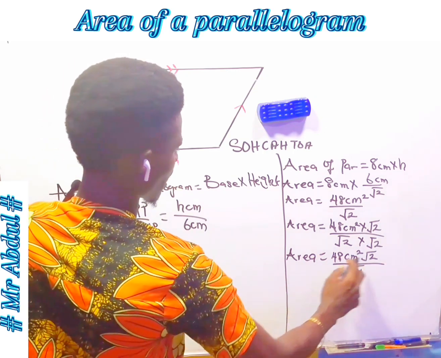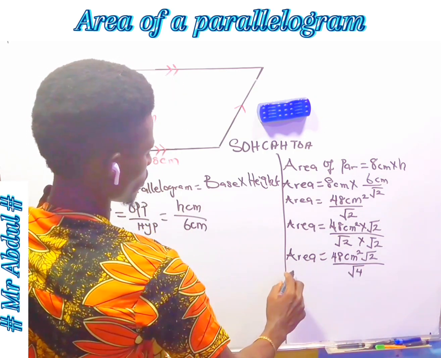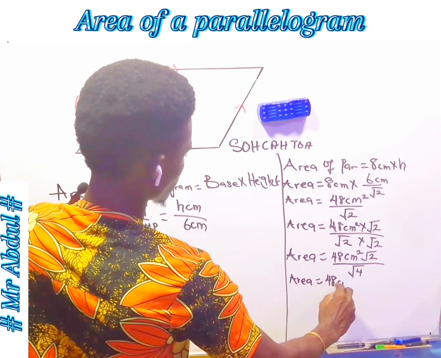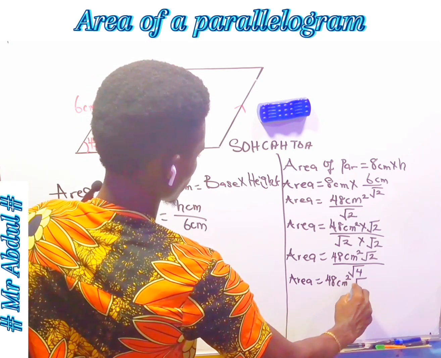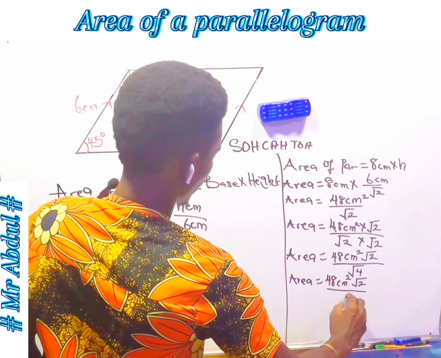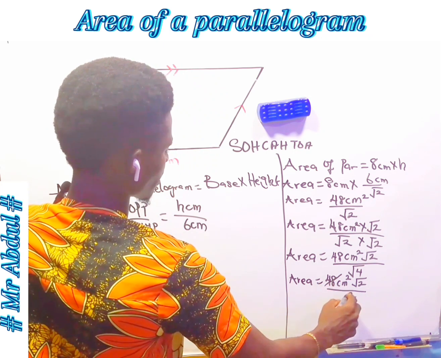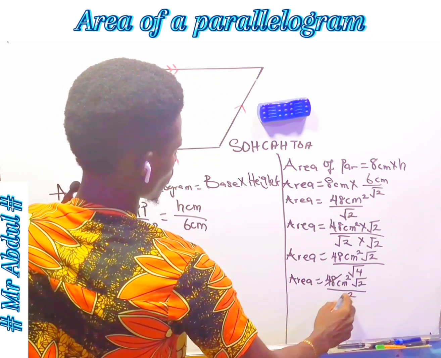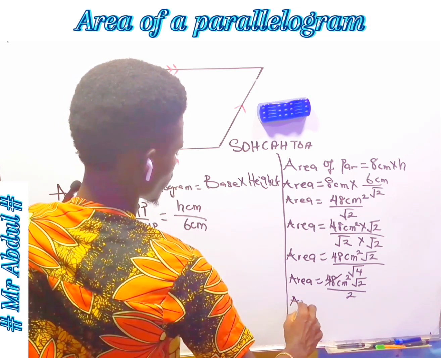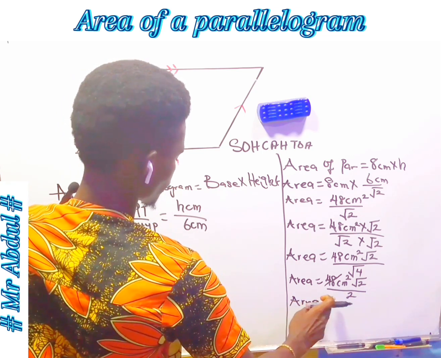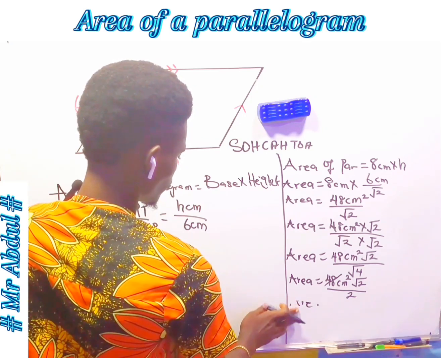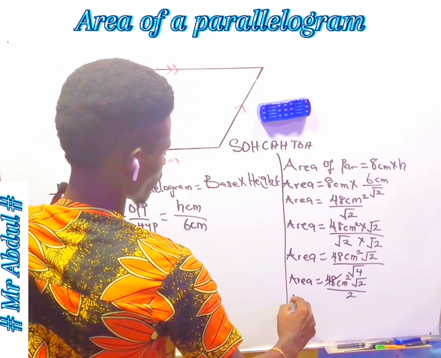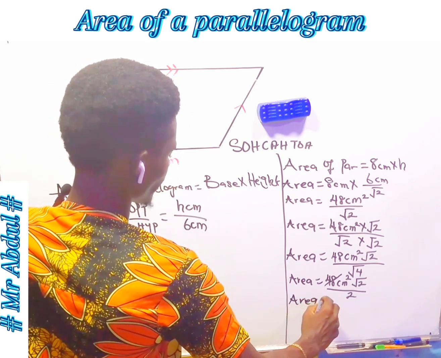So root 4 is the same thing as 2, so that our area will now be 48 cm square root 2 over 2. 48 divided by 2 is 24.